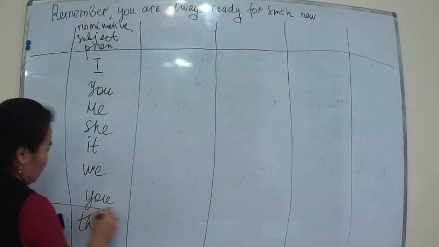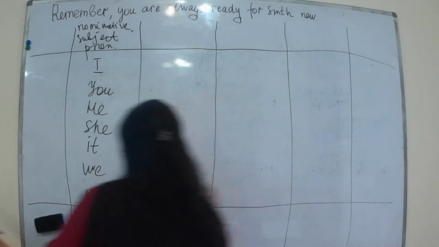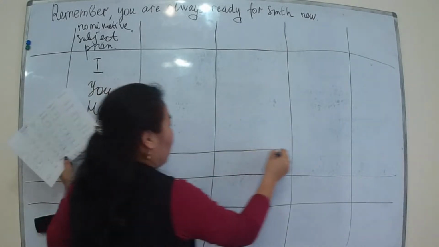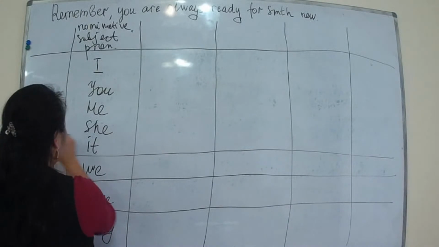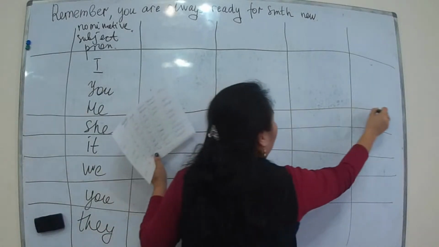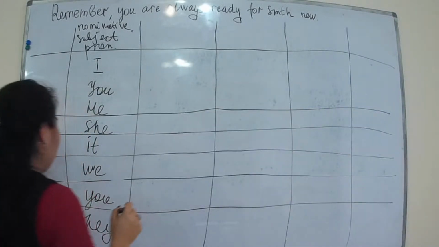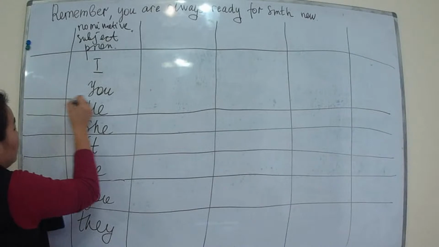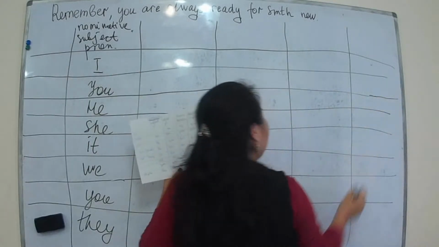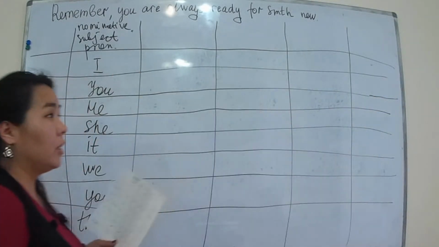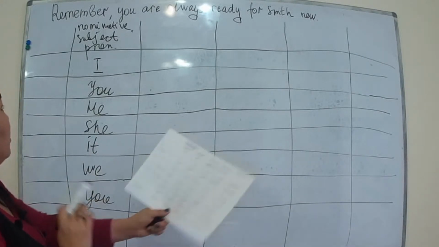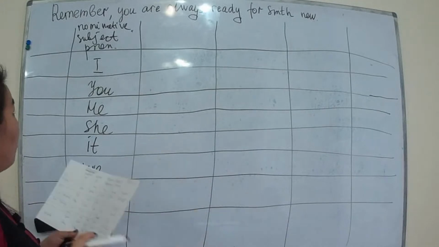And let's write for each of these pronouns their forms in different situations, how they can change in different sentences. The same we have in Russian and in Kazakh language, but in English it has a lot of types and forms.